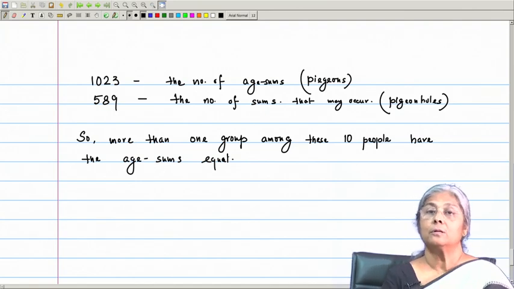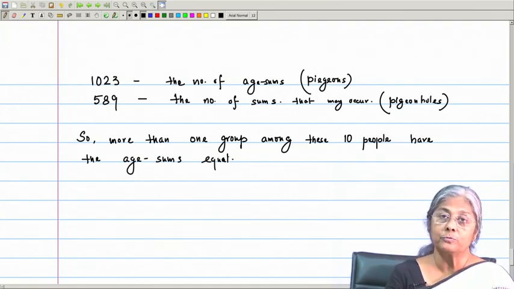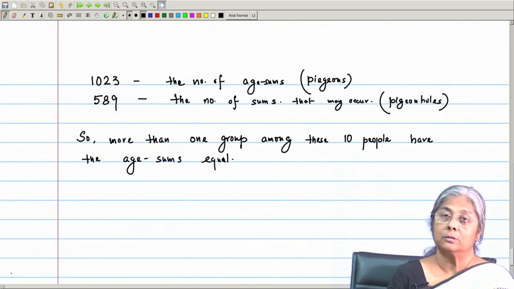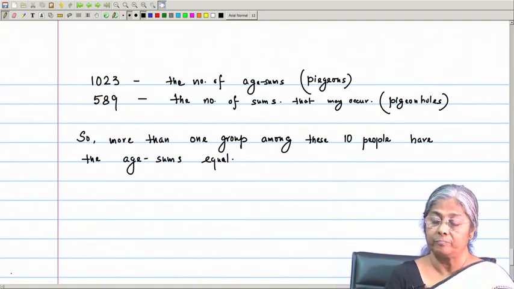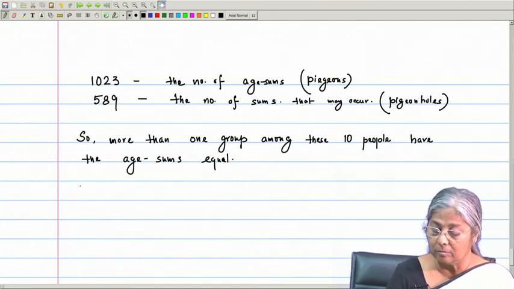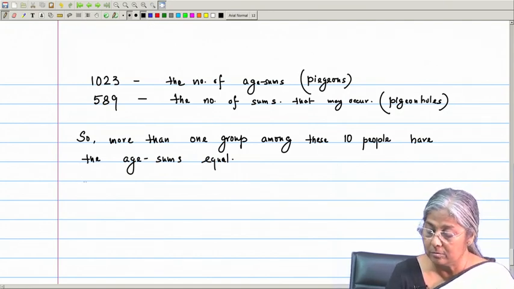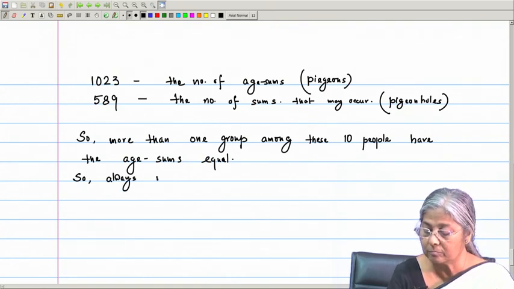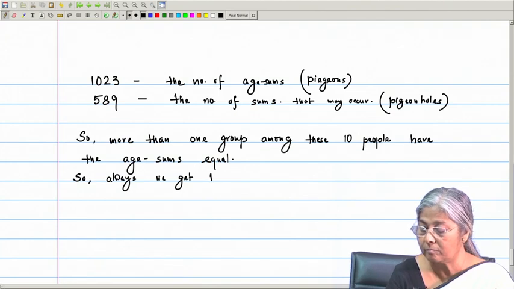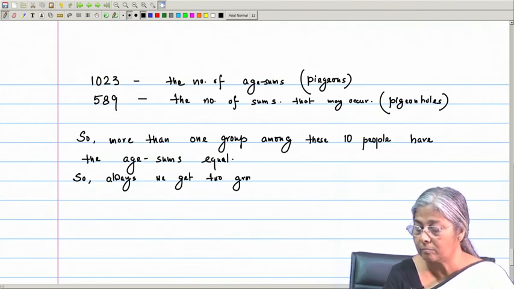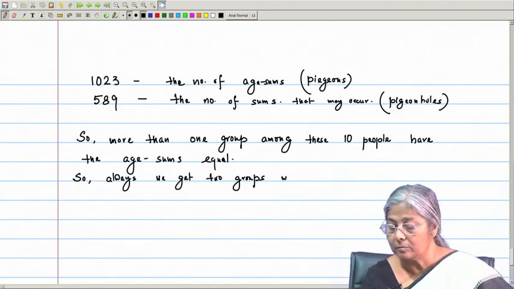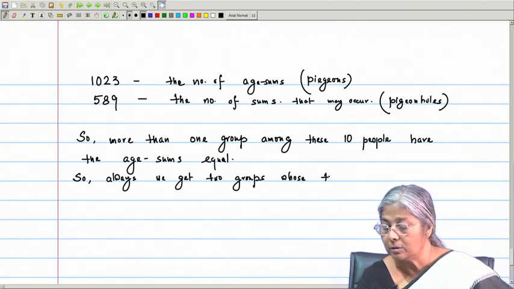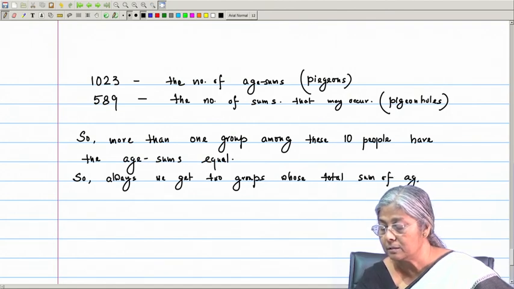So, we always get at least two groups whose total sum of ages is the same.